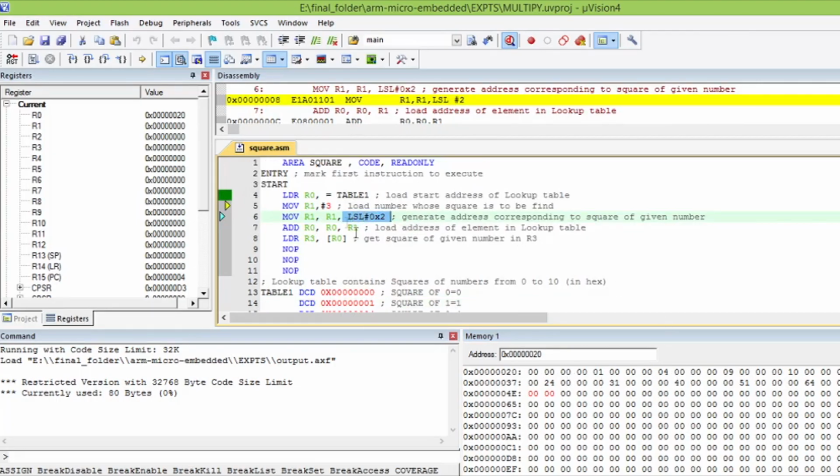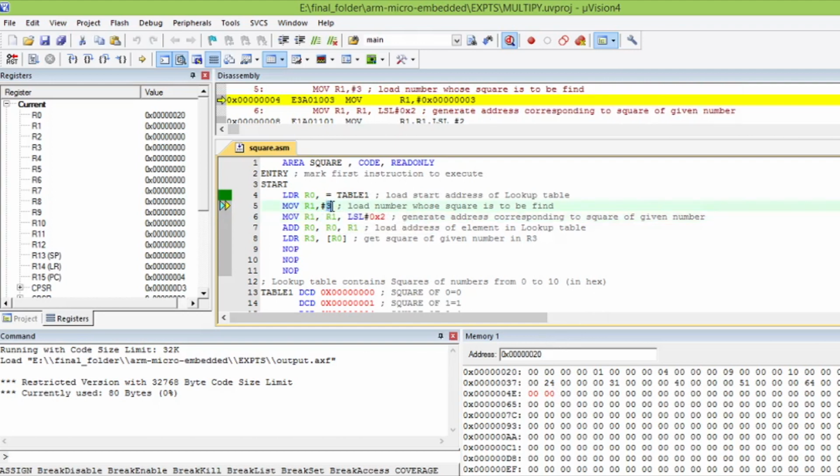Here if you see, logical shift left by 2 always multiplies the given data by 4. That is a fixed thing that will happen. So let's see what is happening here and why exactly it is required.